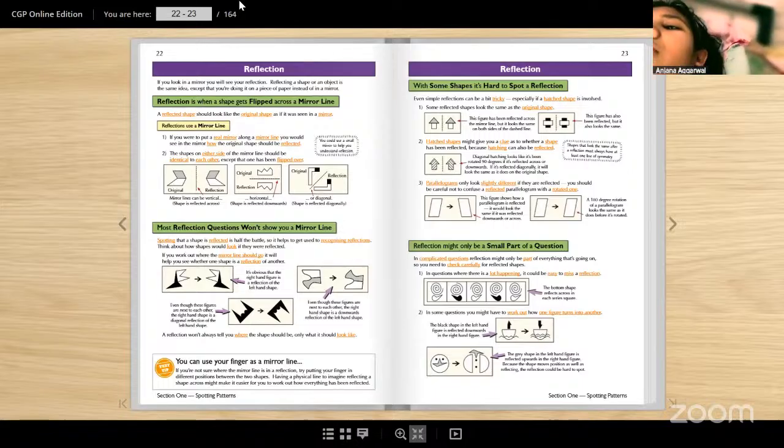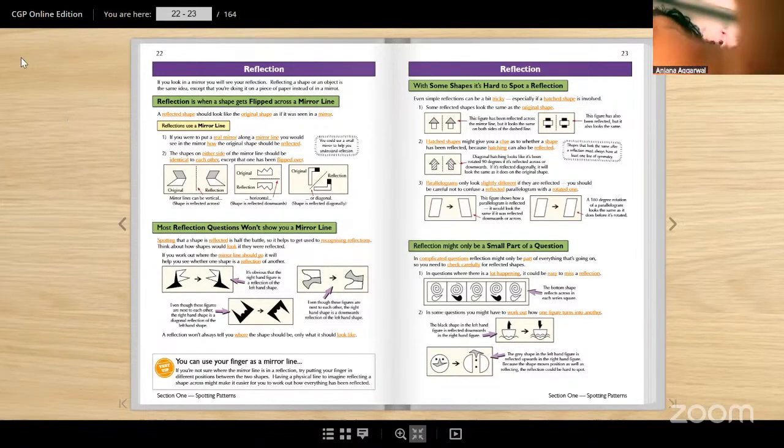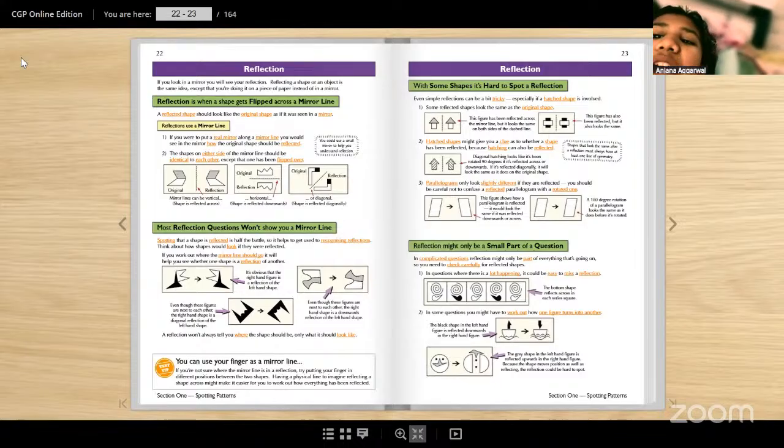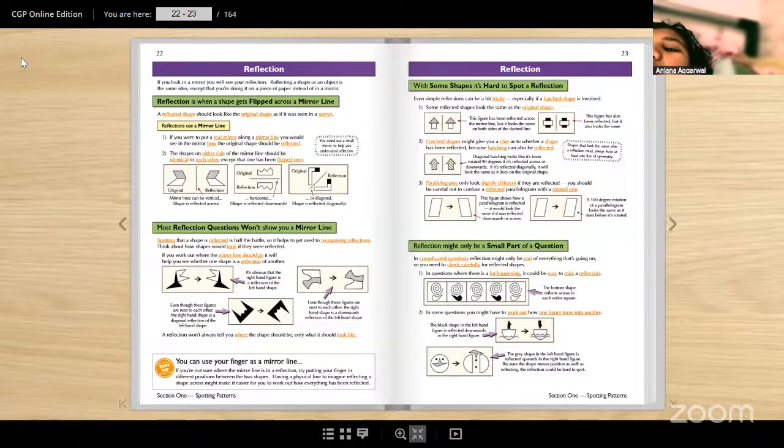If you look in a mirror, you will see your reflection. Reflecting a shape or an object is the same idea, except that you're doing it on a piece of paper instead of in a mirror. Reflection is when a shape gets flipped across a mirror line. A reflected shape could look like the original shape as if it was seen in the mirror.